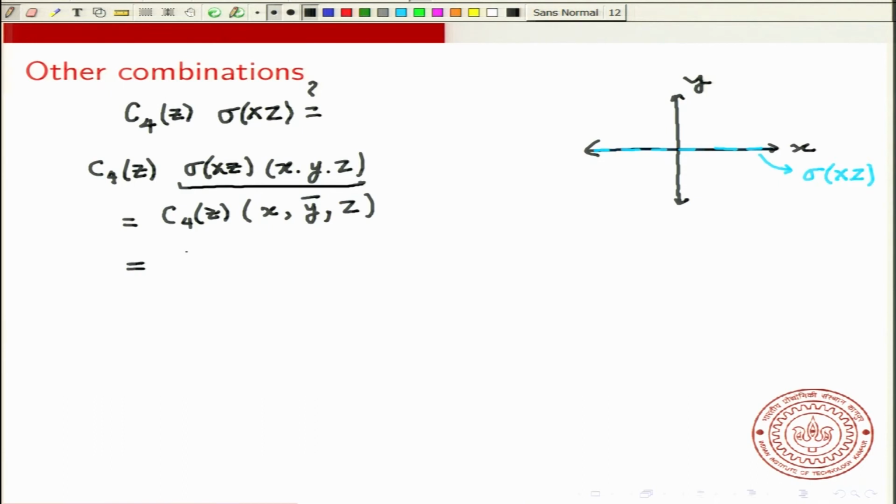So, what it will give you is x times cosine of 90 degrees minus y times sine of 90 degrees, and that will be the new x coordinate.